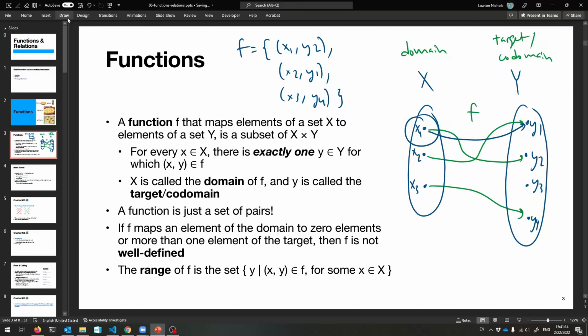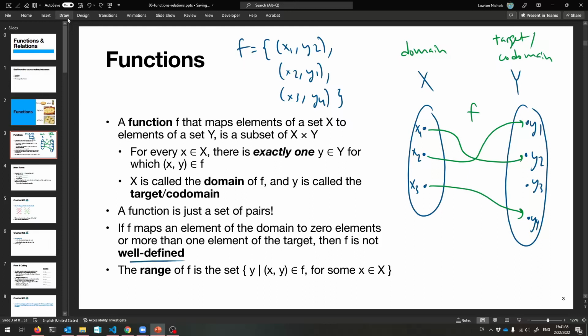Do you see that? I hope that makes sense. Same if x3 goes to y3 and y4, that does not make any sense at all. Or if x3 went nowhere, that's again not a well-defined function. You've got to tell me who's going where, and there can only be one place that each element is going to. Okay? So this is just our intuition with functions explained using slides.